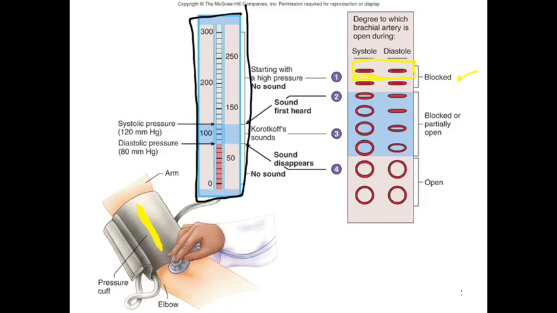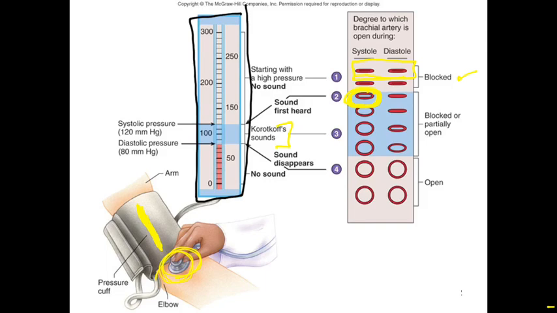That's why you don't want to leave that blood pressure cuff on for very long. As you begin to release the pressure on the cuff slowly, the brachial artery begins to open up. Now, there was a guy named Korotkov, and he described this phenomenon, but using a stethoscope, you can hear the rushing blood through this partially closed brachial artery.